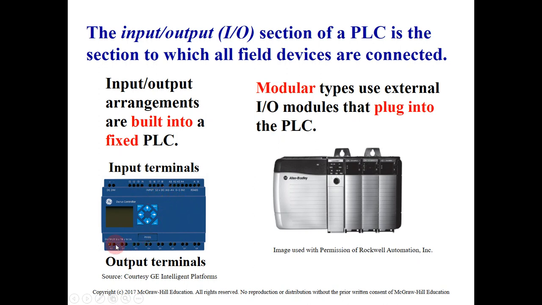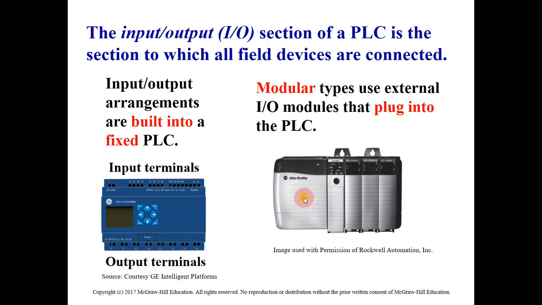Usually the fixed PLC has pre-installed input-output sections. These input modules and output modules are connected to the input devices and to the output devices, and the number of terminals for each module is fixed and cannot be changed or extended.